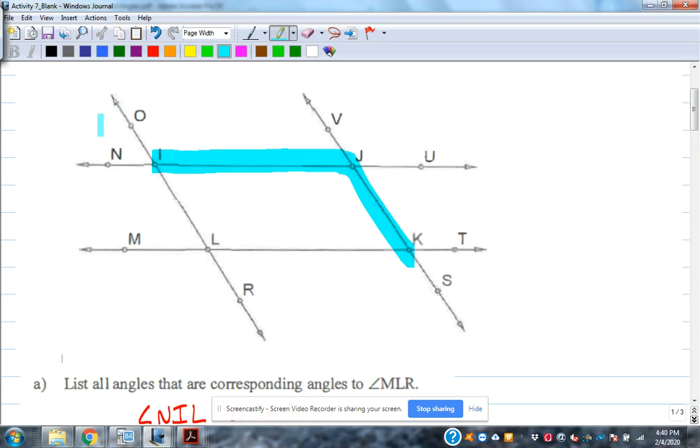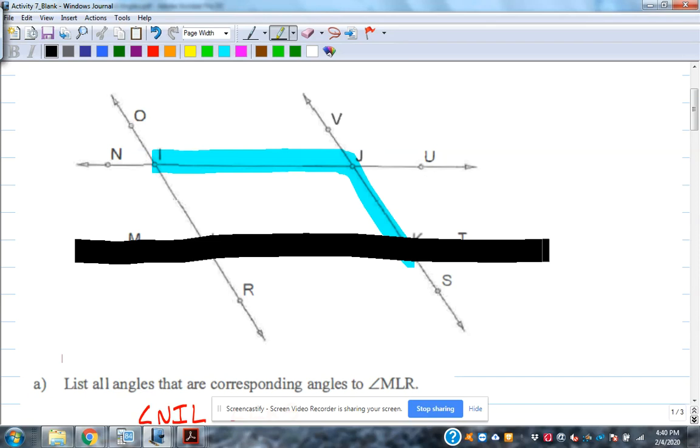Okay, so that means we're covering up this line then, right? If the two parallel lines we're dealing with are these two. Alternate interior means the opposite side of the line, but in between the parallel lines.